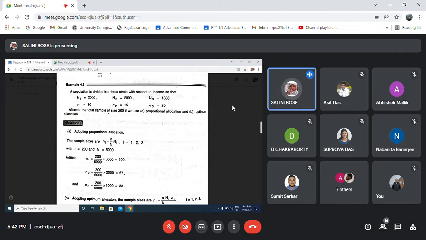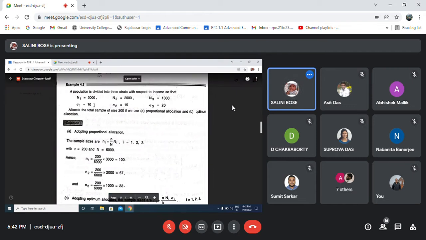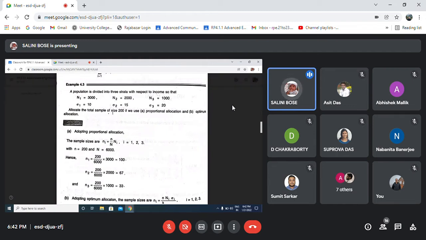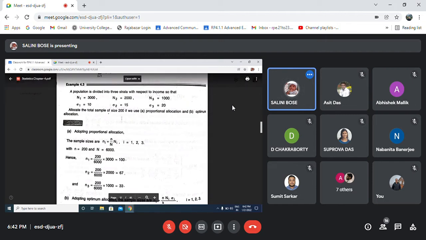So you can see there are three strata, and each and every stratum will have some population and some samples. The total sample of these three strata will be 200. So how you distribute the total sample among these three strata is your question. Clear? So for each and every stratum, what will be the sample size? This is the question, to find the individual stratum sample size. Is my question clear?